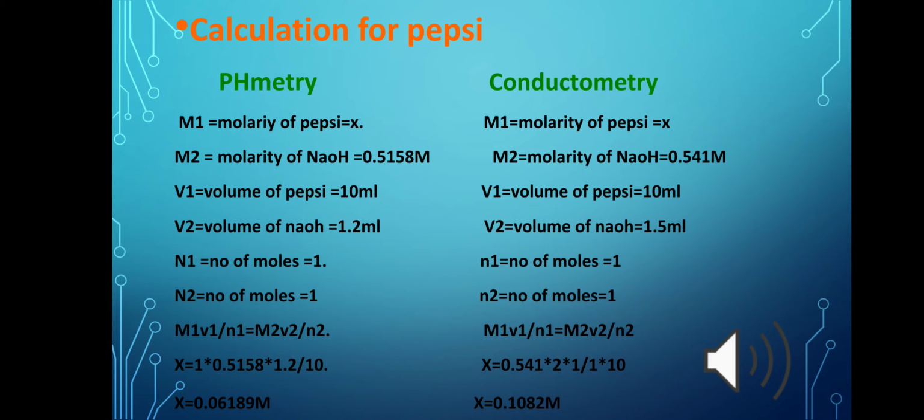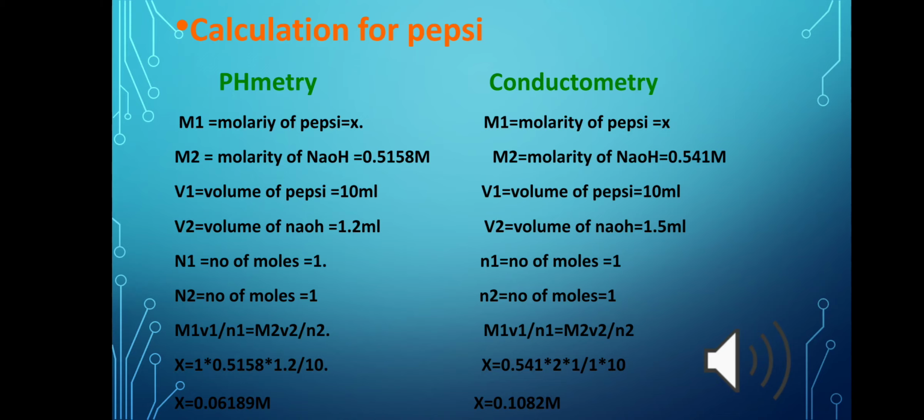Calculations for Pepsi, pH metric. M1, molarity of Pepsi, let it be XA. M2, molarity of NaOH, is equal to 0.5158 molar. V1, volume of Pepsi, equal to 10 ml. V2, volume of NaOH, equal to 1.2 ml.